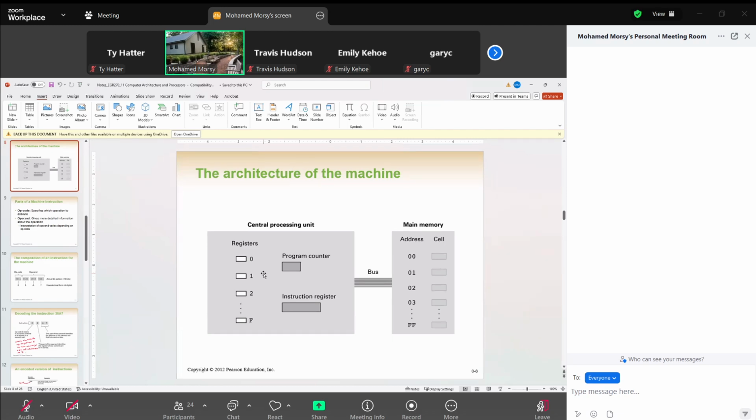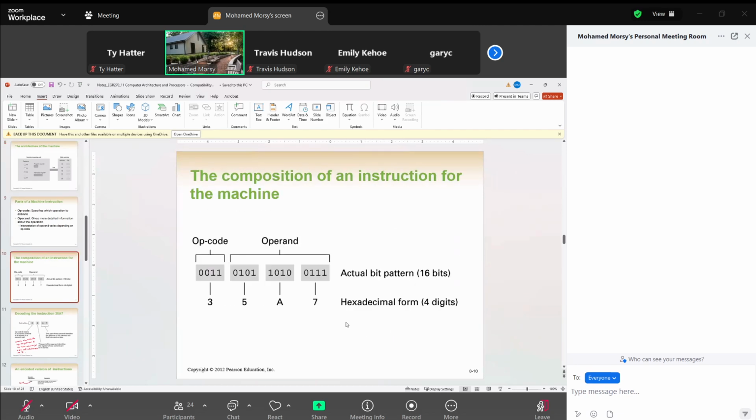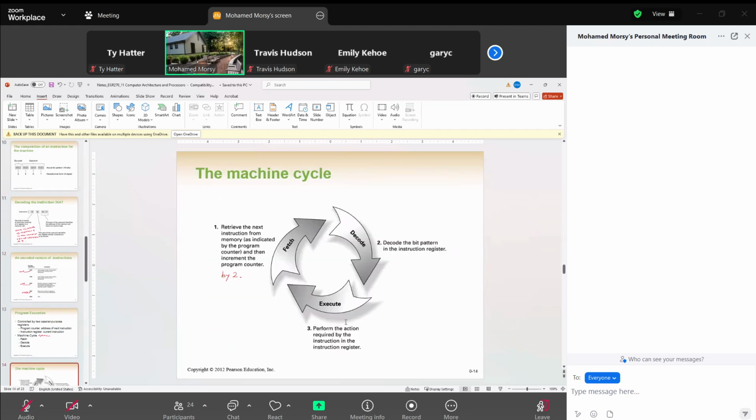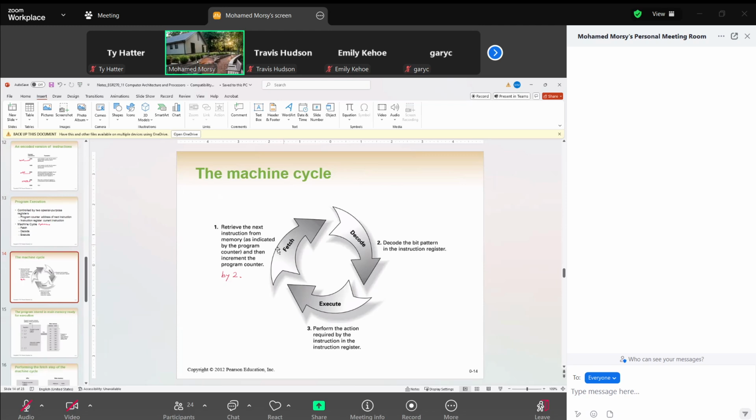When we retrieve the first instruction, we actually retrieve 00 and 01, so the next one will be 02, and then the next one after that 04. That's why the program counter is incremented by 2.